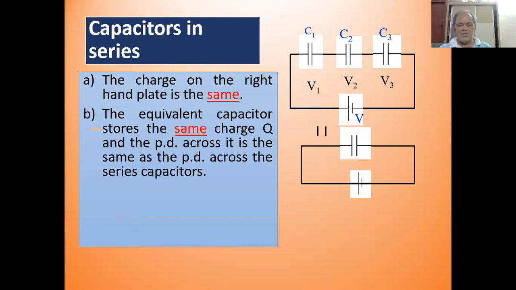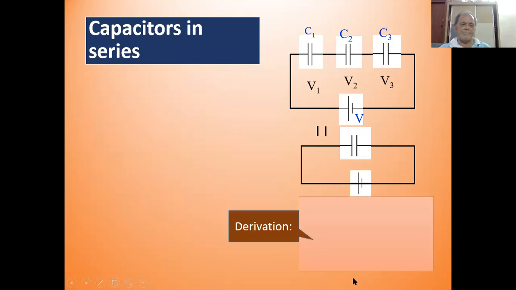If it's Q here, it is also Q here. The PD is still the same, it doesn't change. Minus Q, plus Q, same.